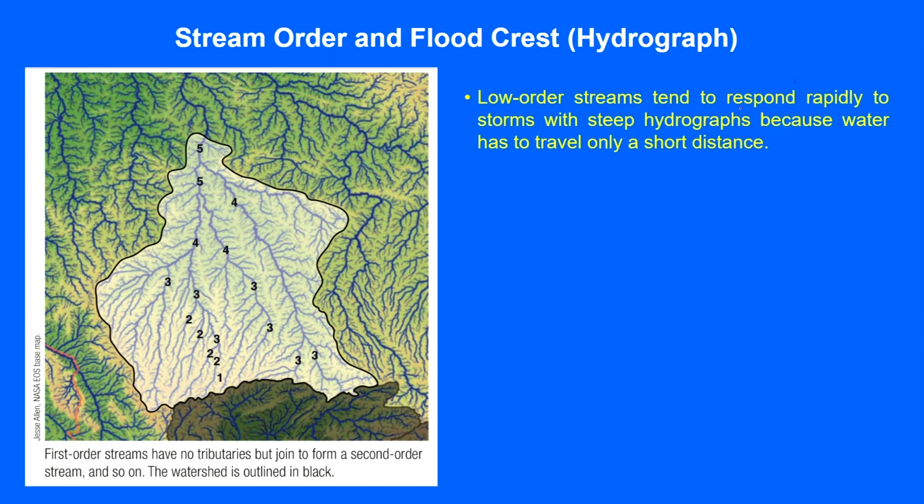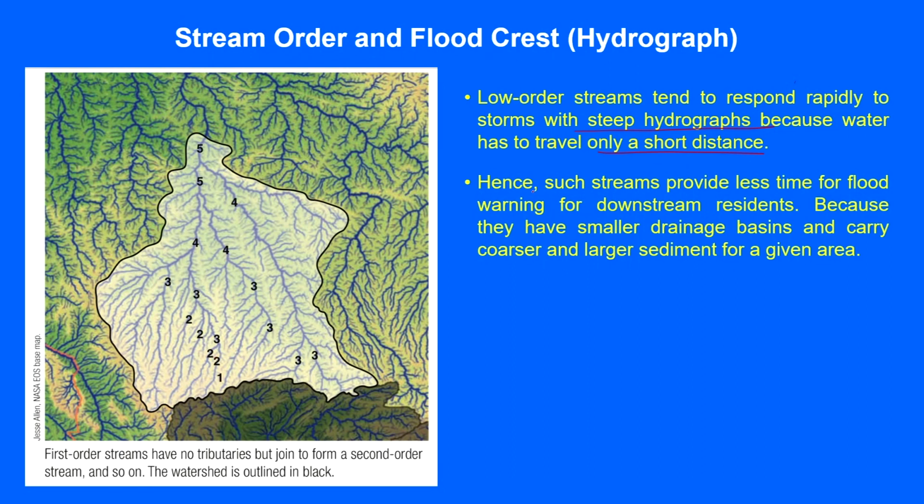The lower order streams tend to respond rapidly to any stormy condition or a cloud burst, with a steep hydrograph. So it will be very quick, because water has to travel a very short distance. Lower order streams will not have a larger distance to be covered.